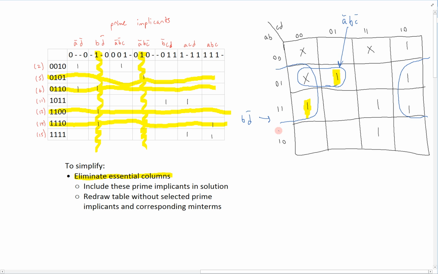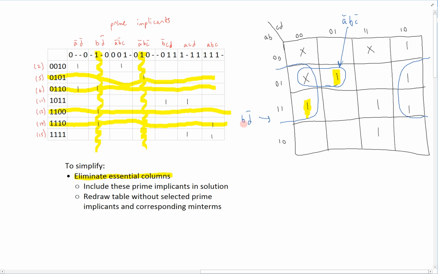We can see that both of these prime implicants are essential because they cover a minterm which is not covered by any other prime implicant. If we look at all of our other prime implicants, none of them are going to cover these two terms other than these two prime implicants. Therefore, they have to be in our solution.